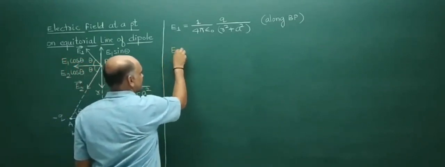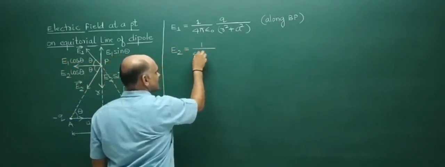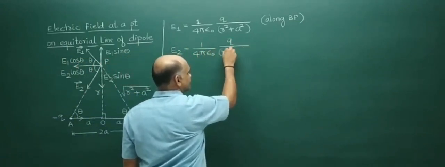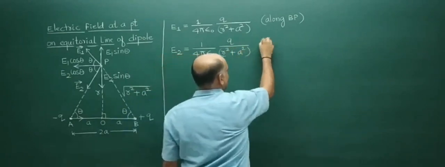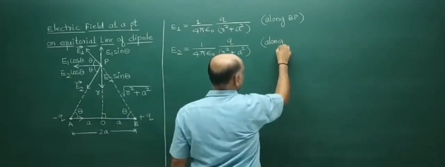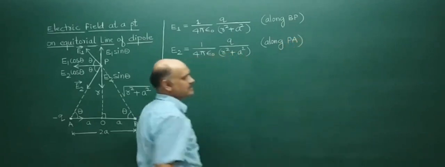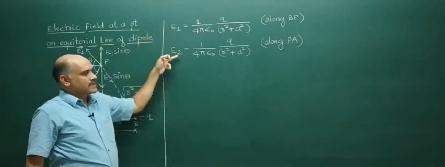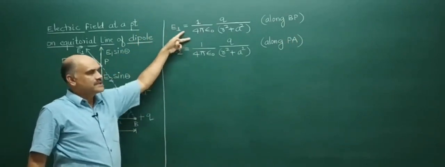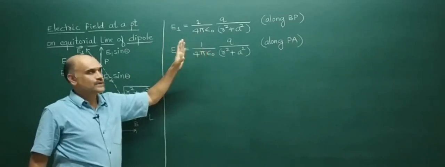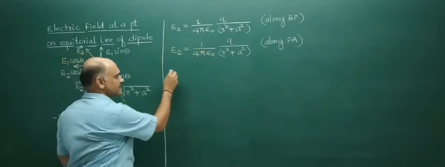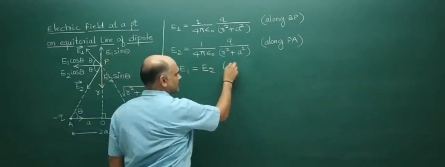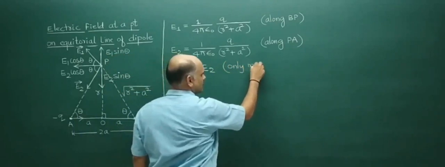So E2 is equal to 1 by 4 pi epsilon naught, Q by r square plus a square, along PA. If you observe, the magnitudes of both E1 and E2 are the same, only the direction changes. Therefore, E1 is equal to E2 in magnitude only.